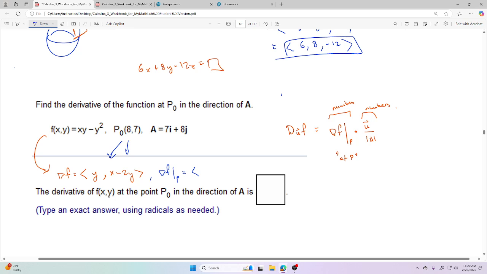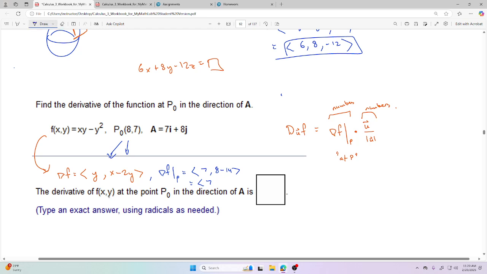What numbers would I get? 7. Yes, you're right, I'm sorry, I was looking at the A. It's all flipped. Yes, 7. Very good. And the next one? Cool, I'll take it. -6.